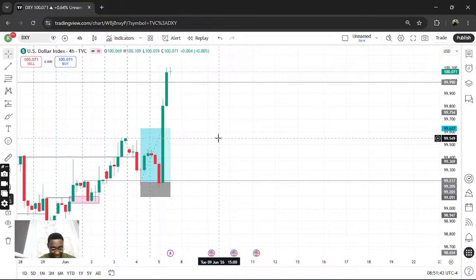Now this is that candle. This is a Friday, the previous week before this particular week that just closed. So this is that Friday candle that created that week that broke this particular ranging market.